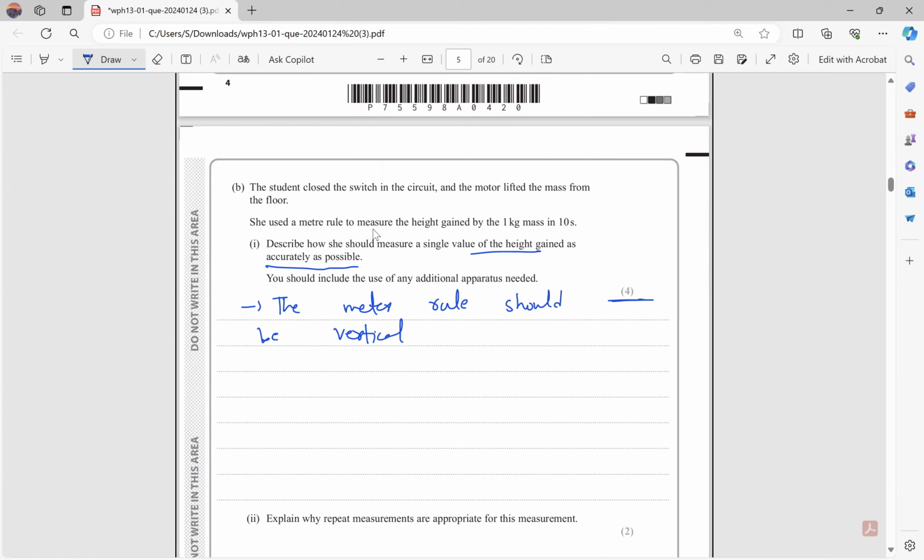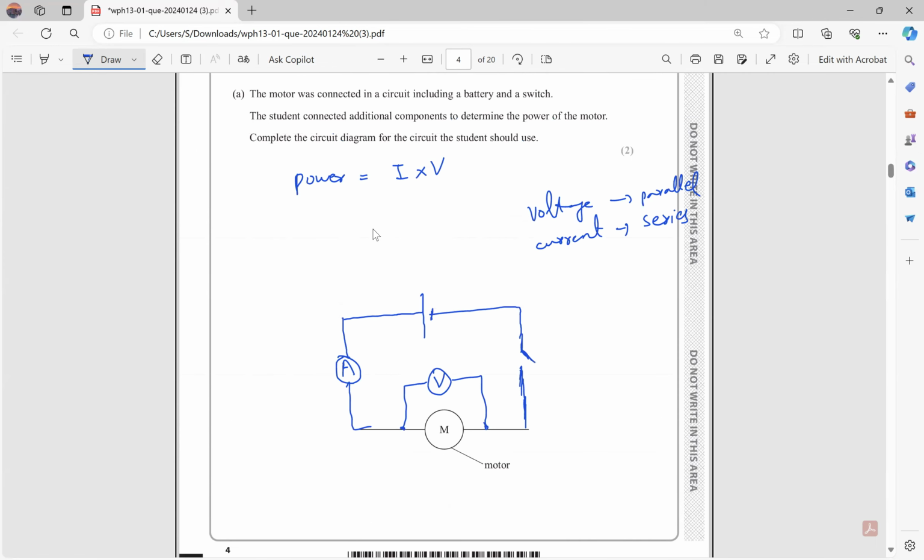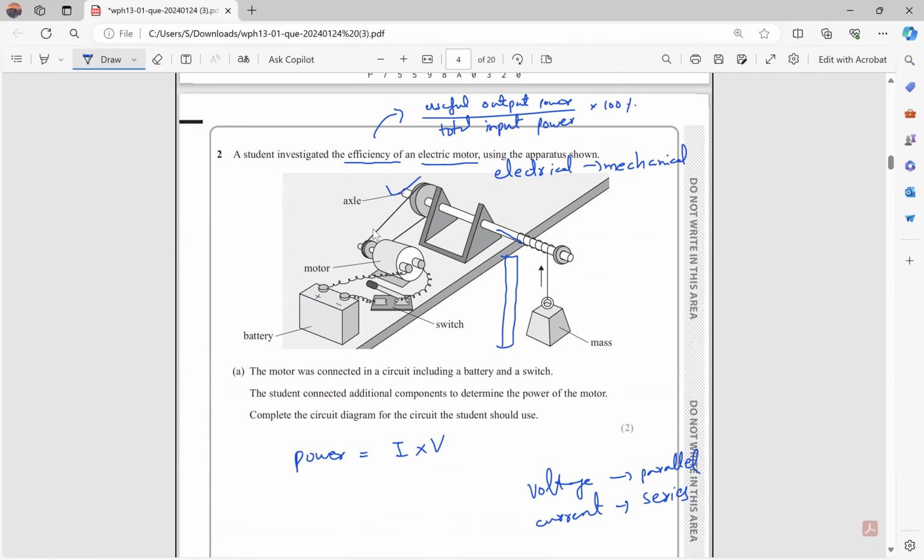And the second thing is when taking the measurements. Let's say the mass lifts up to this point, and now you're trying to take the measurement on the meter rule. If you look at the meter rule from above or from below or at an angle, like from the sides, there's parallax, an error which you get when you measure things from a different angle.